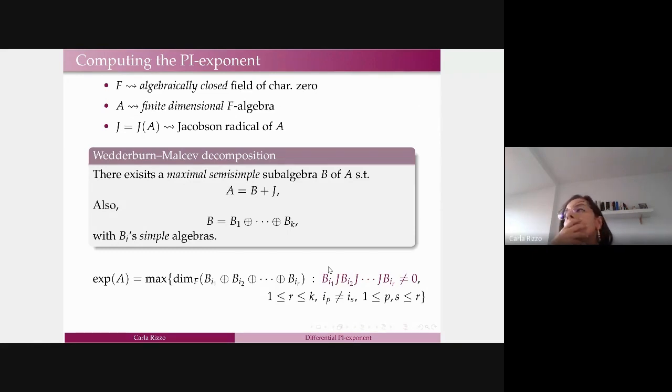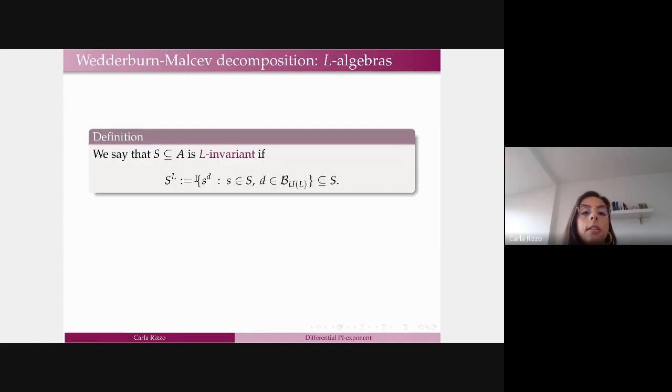Now we want to see if the exponent exists for differential identities. The problem is that, as we can see here, the existence of the Wedderburn-Malcev decomposition is really important. So the first question is, what can we say about the Wedderburn-Malcev decomposition for L-algebras? First, I'm going to introduce a definition.